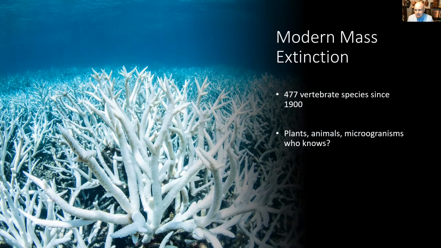And today as well, with shifting climate and increasing exploitation of different habitats and all of this, we have one of the larger scale extinctions that we've seen in the history of the Earth as well. So over 477 vertebrate species, or species with backbones, have gone extinct since 1900.